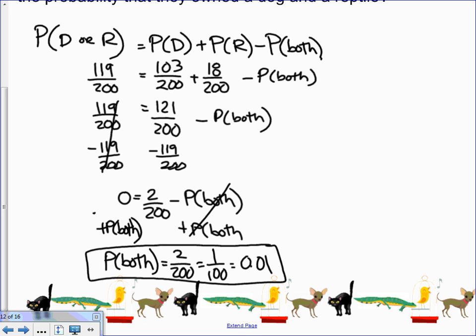Could anybody get the answer 2 over 200 without having to do those extra 2 steps? Bailey, tell me how you thought about it. I just did 103 over 200 plus 18 over 200 minus 119 over 200.